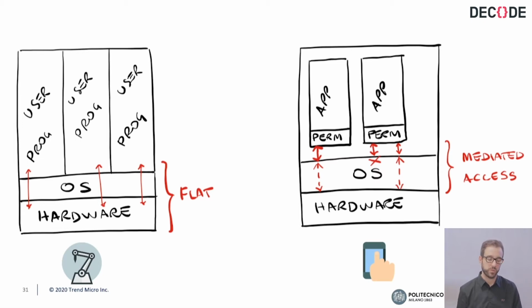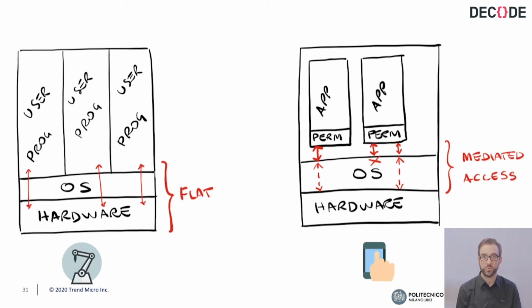If you take, for example, mobile operating systems, which, yes, are like 20 years further along in the evolution timeline, all the apps are sandboxed, and every app has to declare and request permissions to access resources that are on the hardware of your phone.